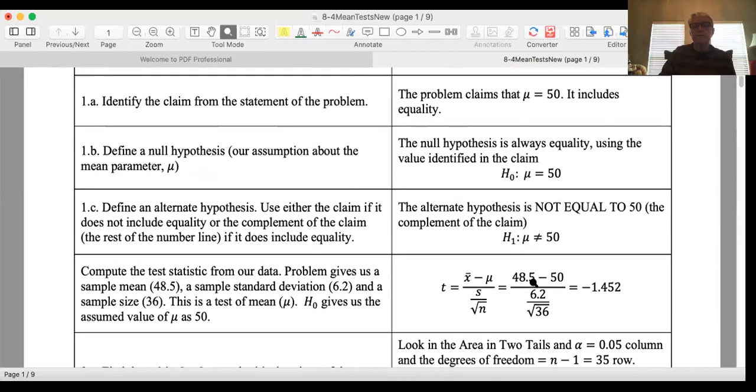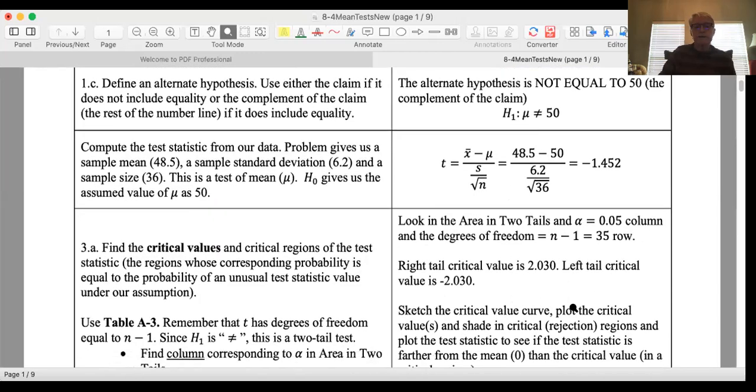We substitute those in along with the assumed value of the mean from H0, the 50, and we get a test statistic of negative 1.452. And what we're interested in now is in step 3 and determining if this number right here is an unlikely number. So let's go down to step 3.